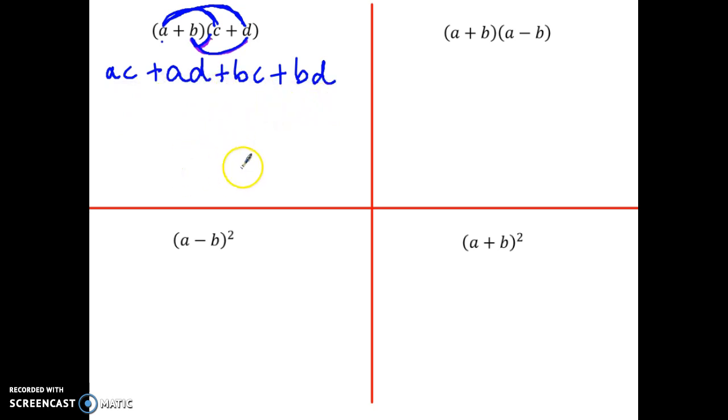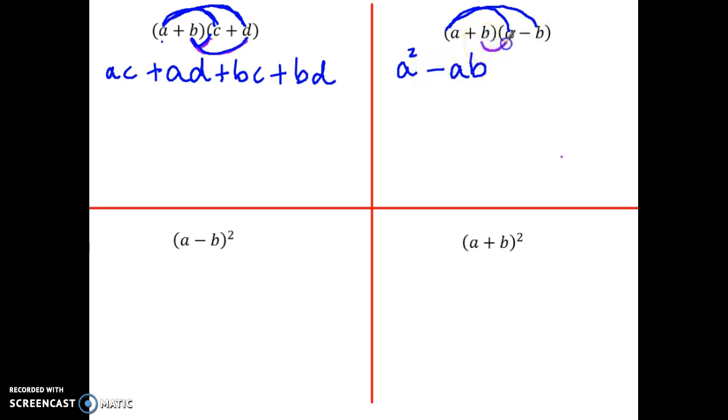If we have a look at these examples here, if I have two brackets multiplying by one another, the same process is going to happen as what we just did. I'm going to look at A times A, which is A squared. A times minus B gives me minus AB.